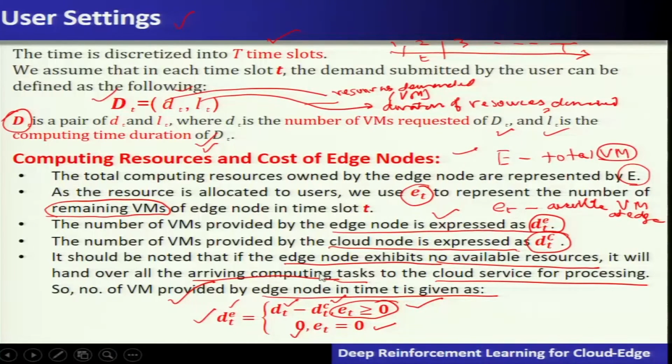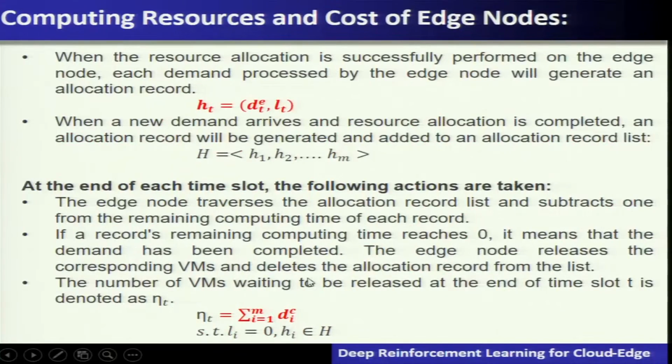So having understood these equations, let us see what happens when the resource allocation is successfully performed on the edge node. Each demand processed by the edge node will generate an allocation record. So let us formalize this allocation. The allocation is in the form of an allocation record.